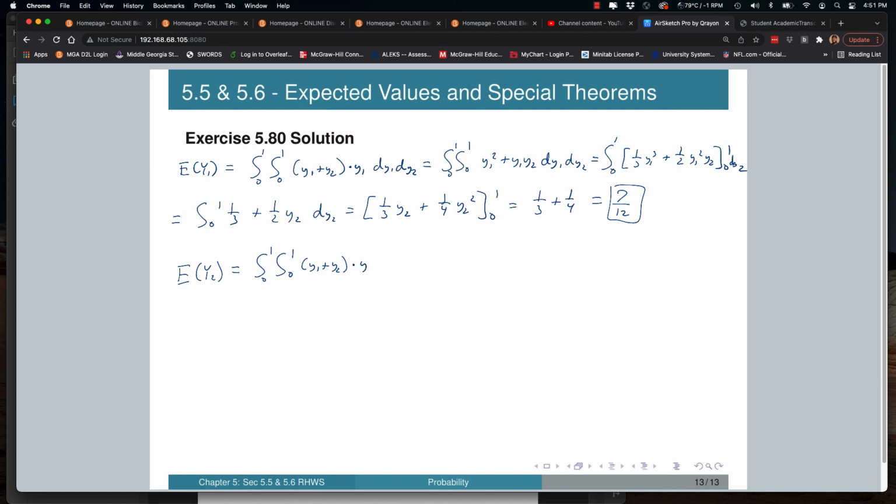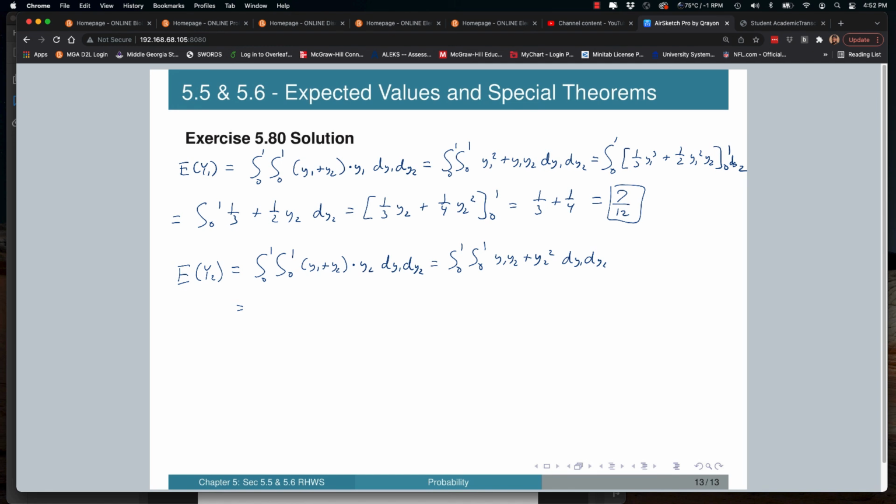Now we have to multiply this by y sub 2, which equals the integral from 0 to 1, 0 to 1 of y sub 1 y sub 2 plus y sub 2 squared dy sub 1 dy sub 2.